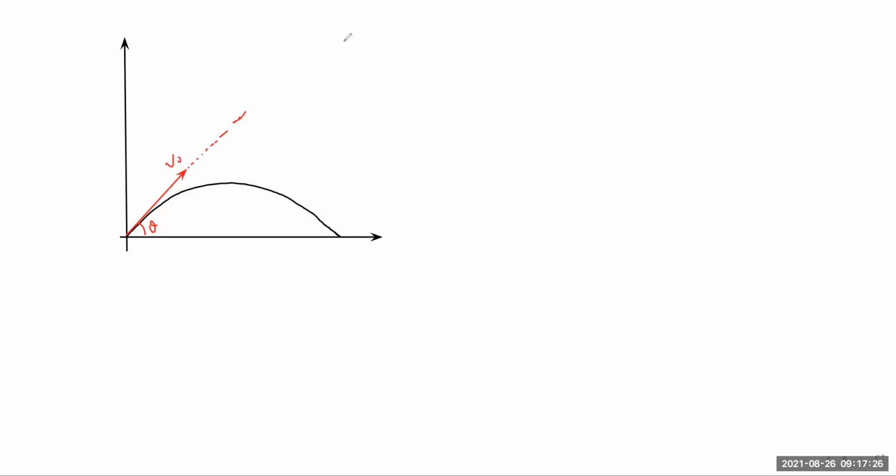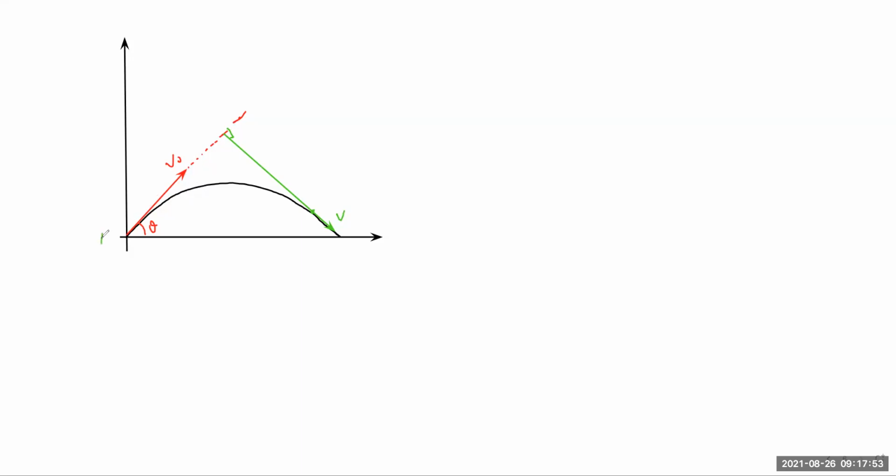I'm looking for the time at which the velocity vector at that instant is perpendicular to the initial velocity vector. So let's say at this point the velocity vector finally is here, and this is exactly perpendicular to the first one.